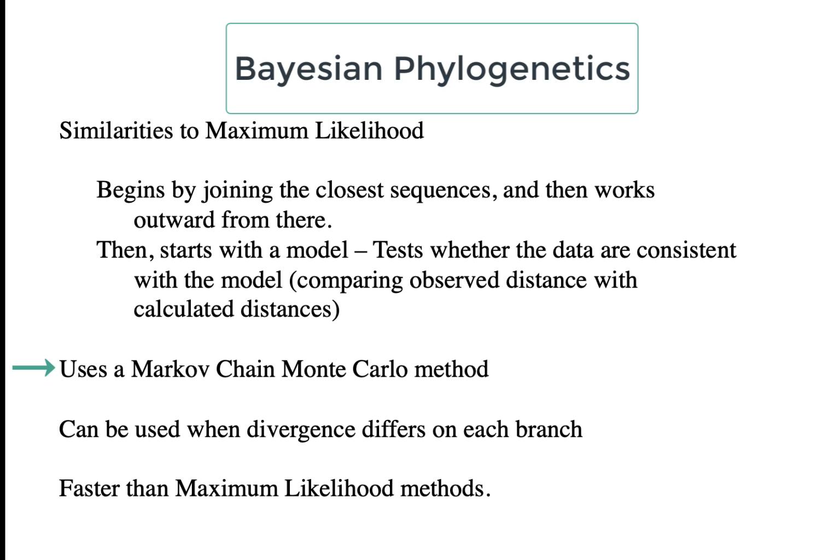So it's comparing the current tree with a tree that has some changes in it and determining whether those changes lead to a better outcome from probabilities than the current tree. So it's as statistically robust as maximum likelihood, but one major advantage is that it takes less computer time, although it still is fairly computationally heavy, so it takes a lot of computer time.